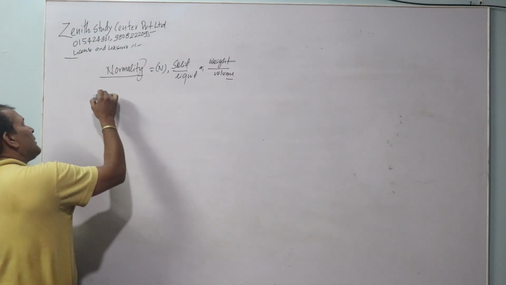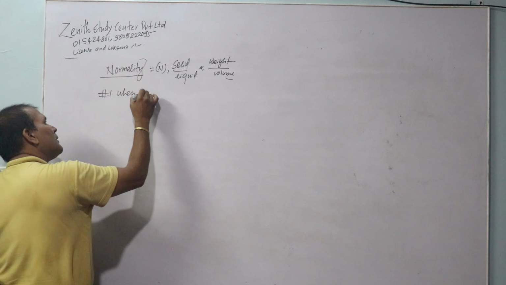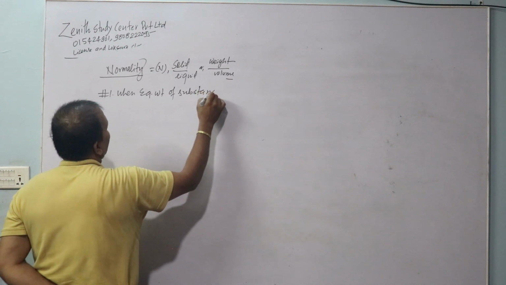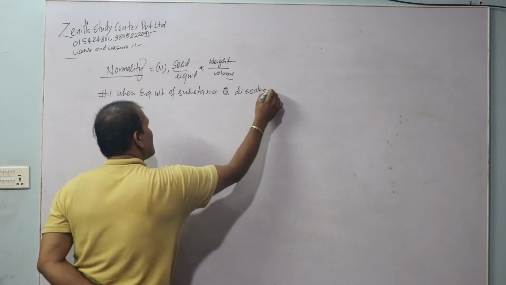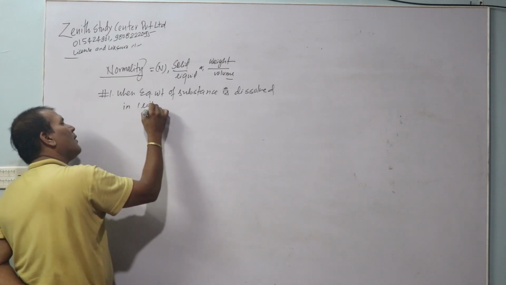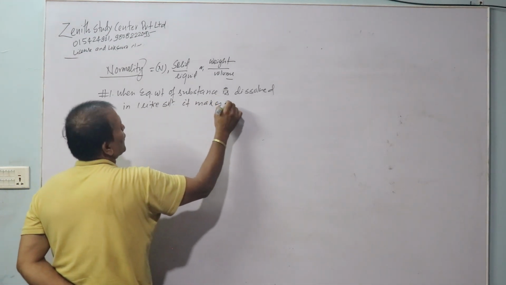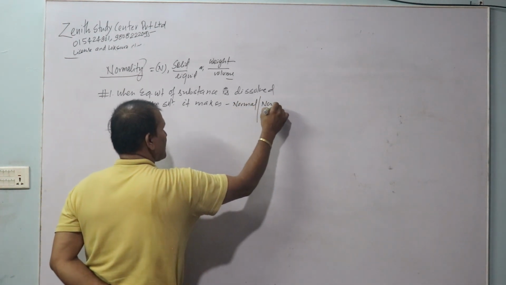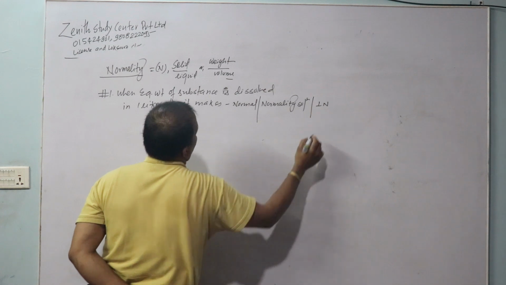One very commonly asked question: when the equivalent weight of a substance is dissolved in 1 liter of solvent, it makes a normal solution, or normality solution, or one normal.